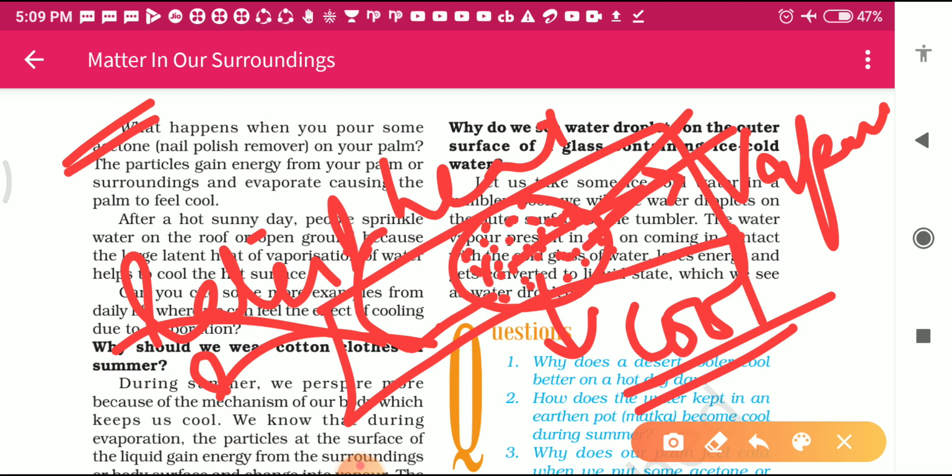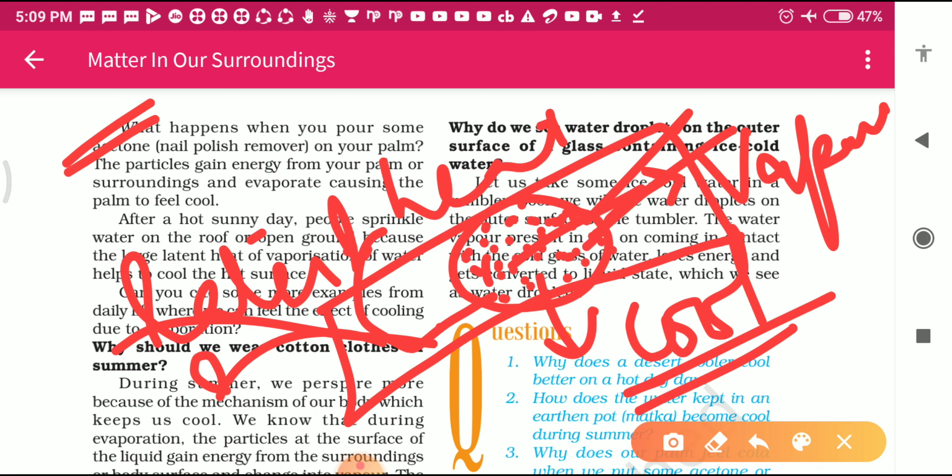The amount of heat required to convert a liquid into vapors is called the latent heat of vaporization. Same thing here, the spirit takes this heat of vaporization from our hand, and the hand loses heat and gets cool.